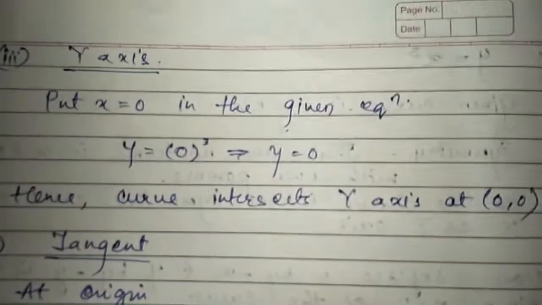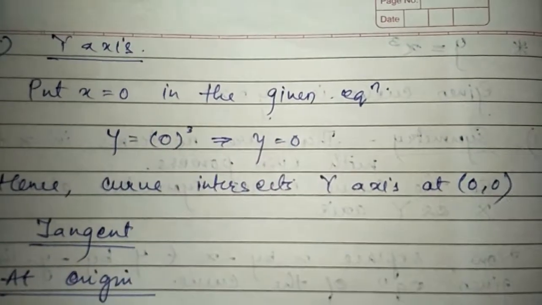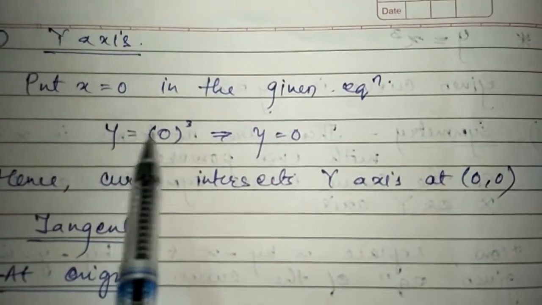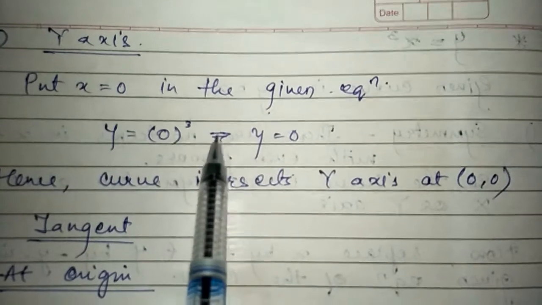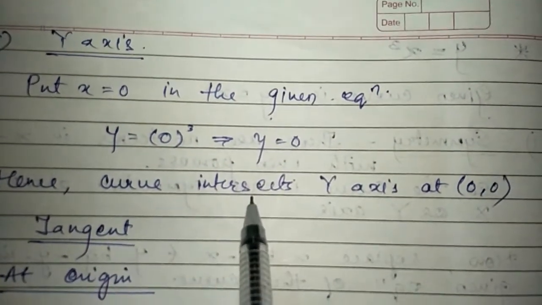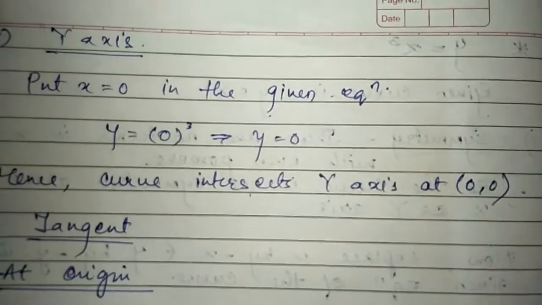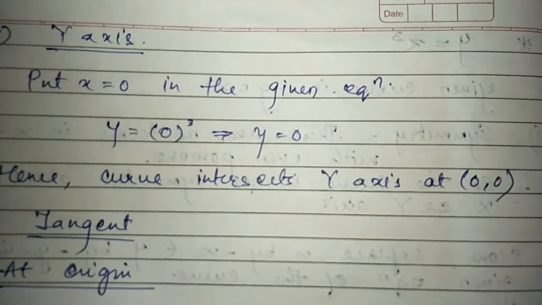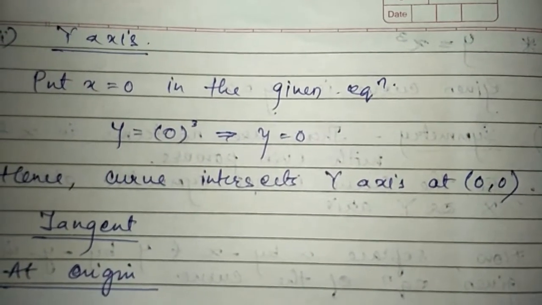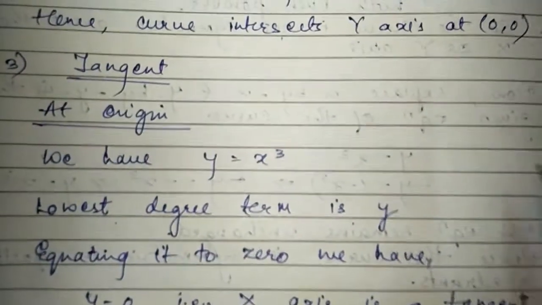Then comes the y-axis. For that we'll put x is equal to 0 in the given equation. So we have y is equal to 0 cube, that is y is equal to 0. Hence again we can say that the given curve intersects the y-axis at 0, 0, that is origin. There is no other point where the curve intersects the y-axis. Now the tangent.